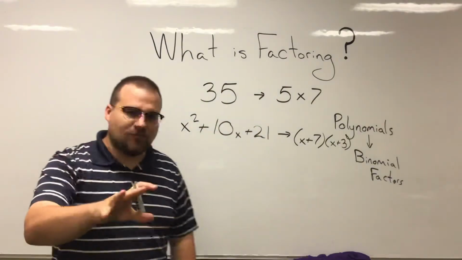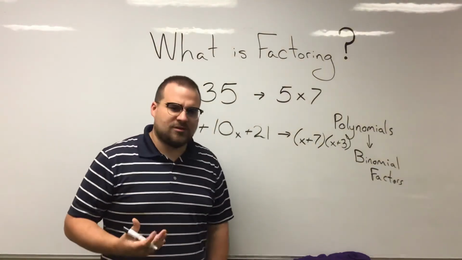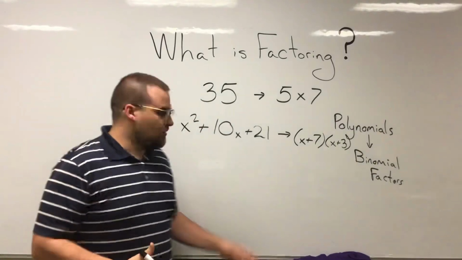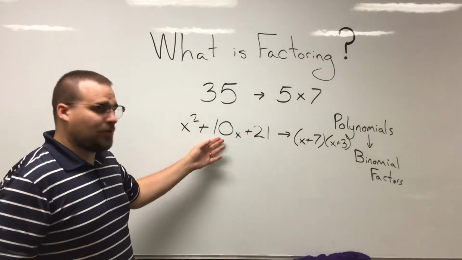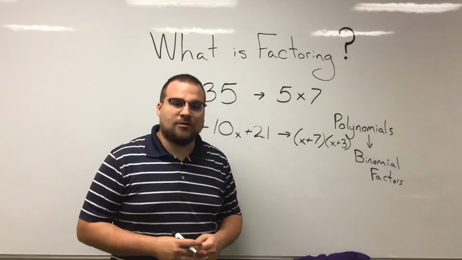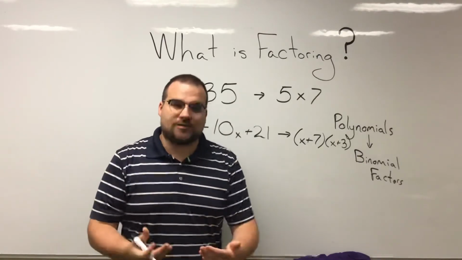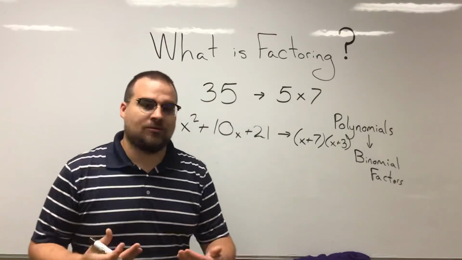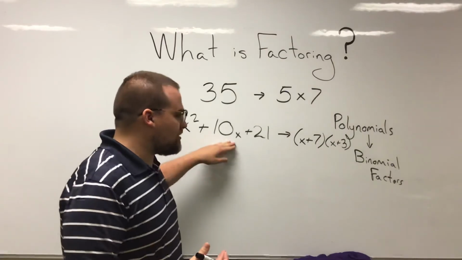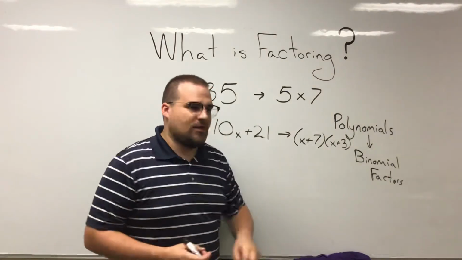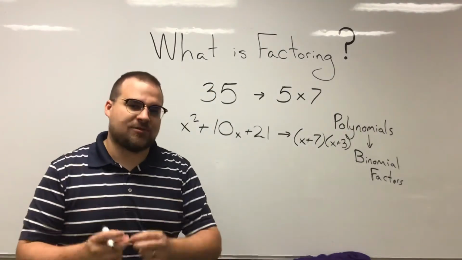Go ahead and pause the video, foil those if you want. See what you get. You should get x squared plus 10x plus 21 because they are equivalent. They're the same thing. Writing it like this or like this means the same thing.